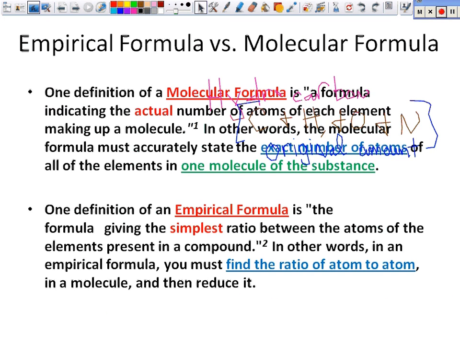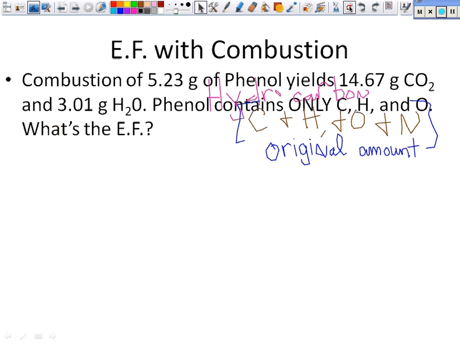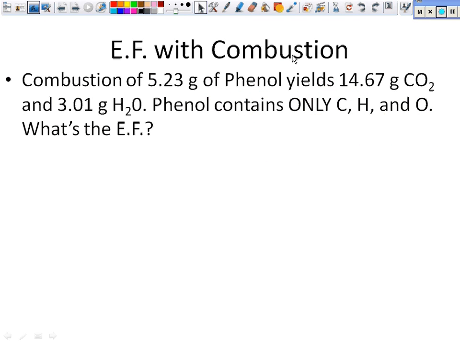All right, so let's just look at this example. Do y'all have this? All right, so combustion of 5.23 grams of phenol. Now, you guys don't know this, but phenol is CxHyOz, because phenol contains only carbon, hydrogen, and oxygen. What's the empirical formula? If we've already worked this, that's fine. If you want to go back and see it again. But the first trick is I need to know how much carbon is in this thing.